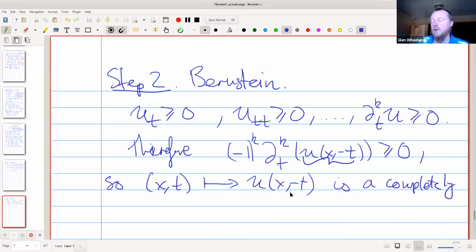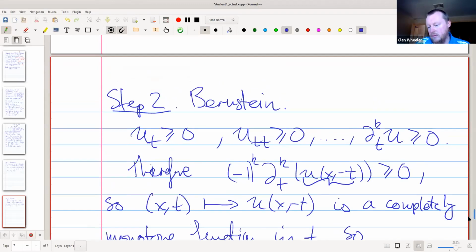It's important to keep in mind that this is just for a fixed x. So for each x you do this, and that's kind of the only technical wrinkle in this proof, at least as far as I can tell. It's a completely monotone function in t.